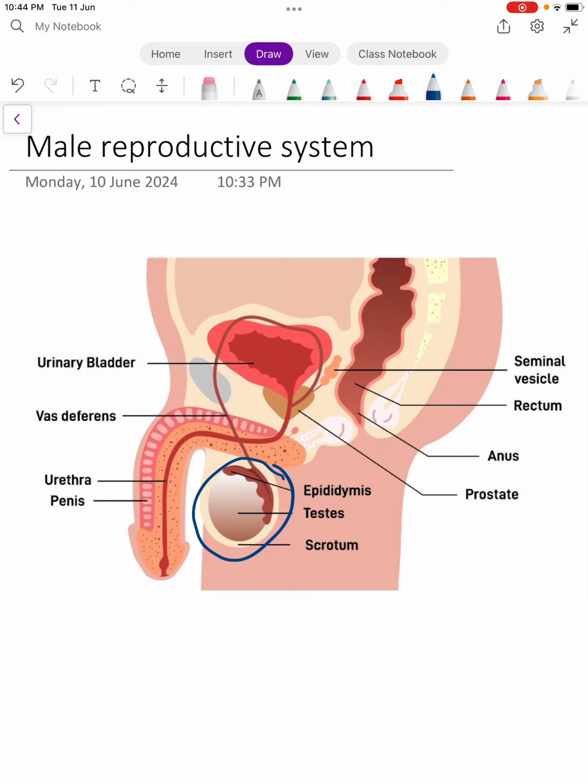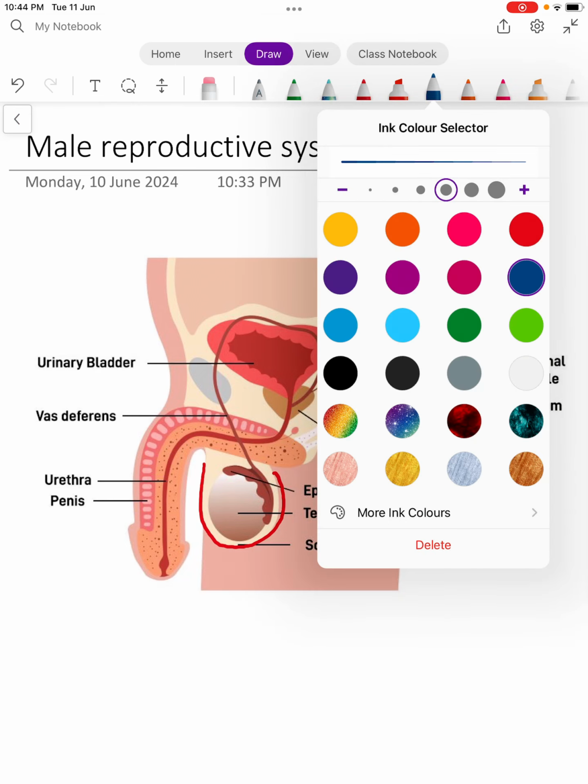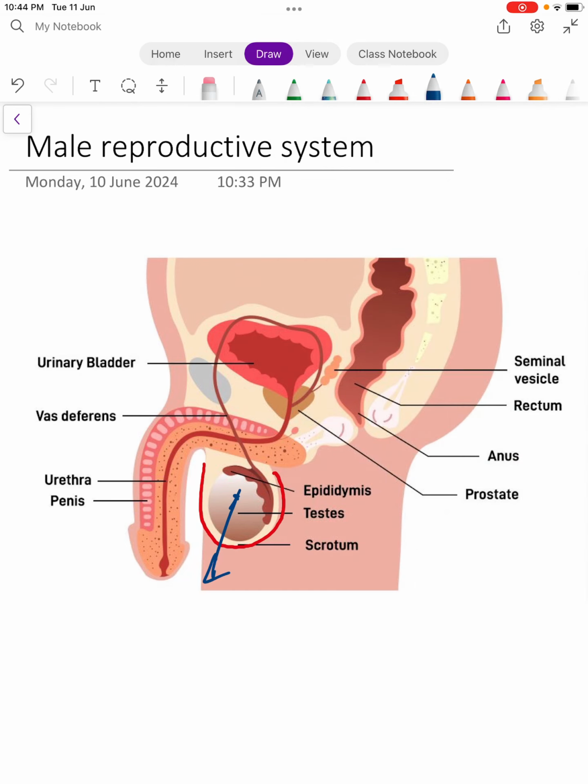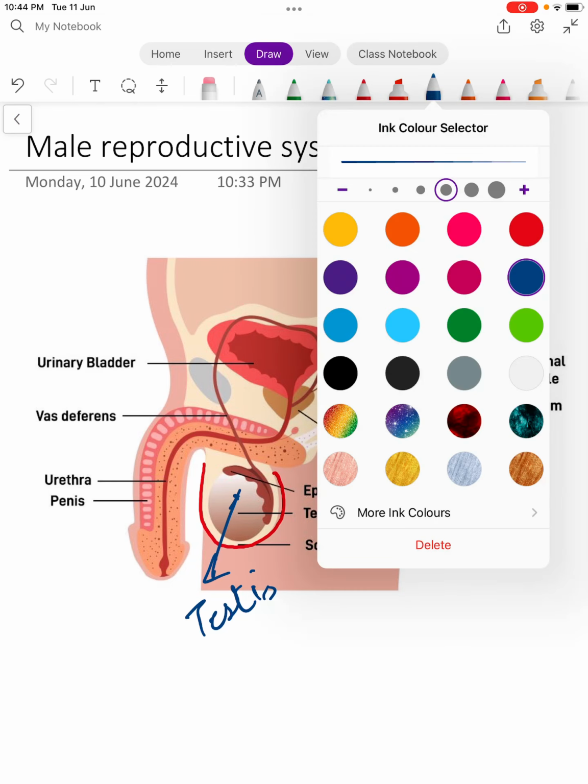They lie outside the abdomen in a pouch-like structure, which I can show with the red color. This is the pouch-like structure called scrotum. In the scrotum is present the testis.